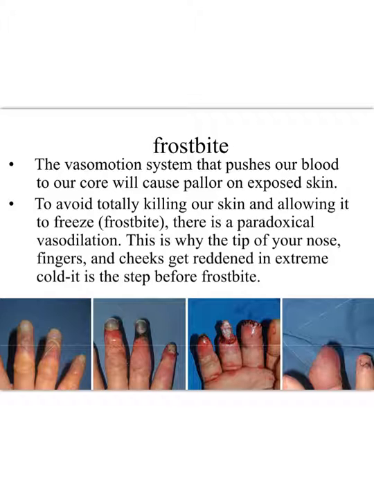So again, what's going to happen when you get really cold, you're going to vasodilate in your deep core to bring the blood to your deeper, warmer center, and it's going to vasoconstrict superficially. It can actually vasoconstrict so much that you lose circulation to your fingers and your toes. This loss of circulation can be so extreme that you end up with gangrene and you can actually lose those digits.